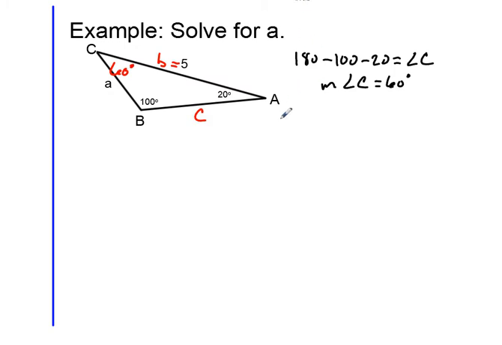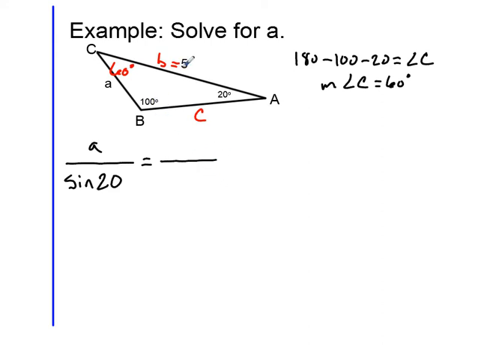Now it's time to use law of sines to figure out side A. Since we want to find side A, I'm going to start with that part of the formula. Side A over the sine of angle A. Angle A is given to us. It's 20 degrees. So this is the sine of 20. This is going to be equal to, I'm going to have to use a full set of numbers for this other ratio, which means I need to use a side and an angle that I both know for the same letter.